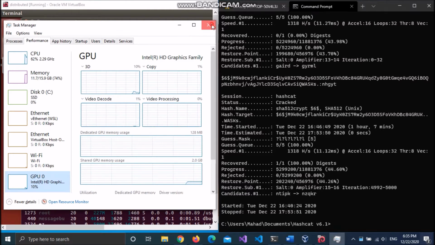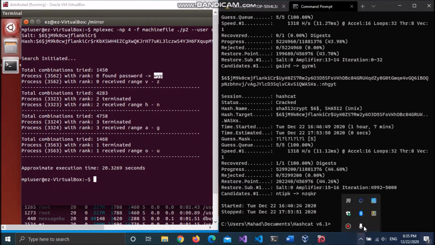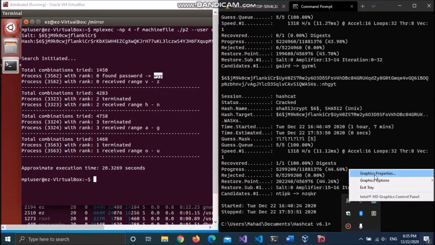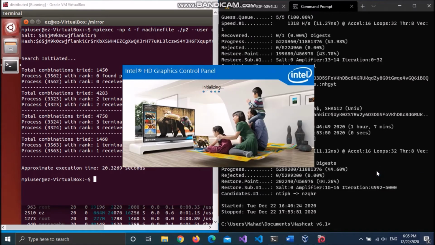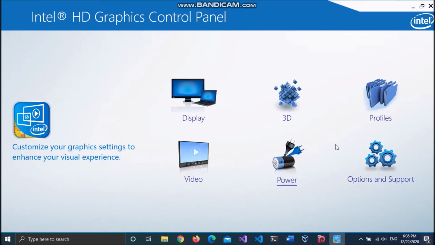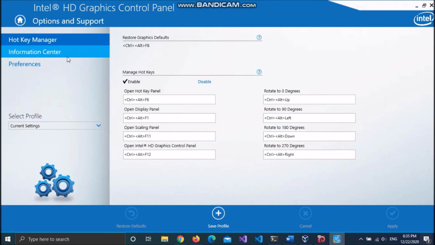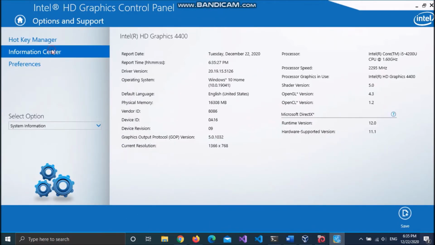Now it is using OpenCL version 1.2. Let me just open the properties here. Now it will be more clear to you. As you can see, here it states that the OpenCL version installed is 1.2.